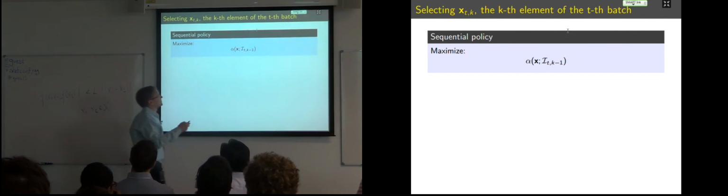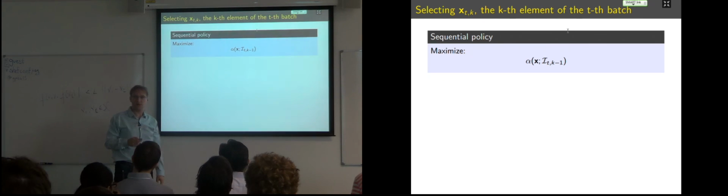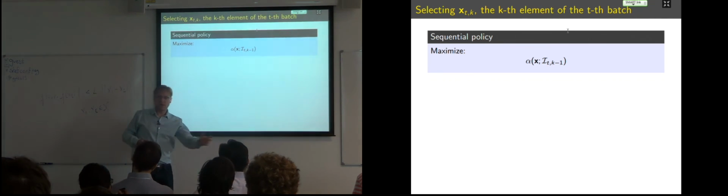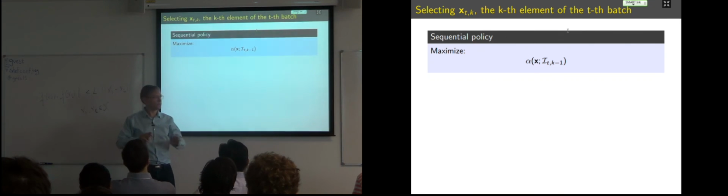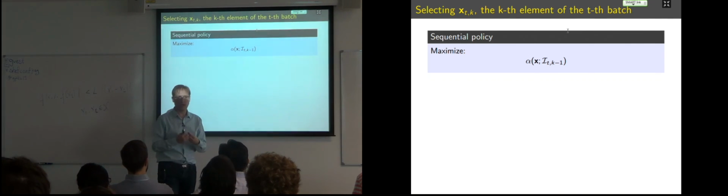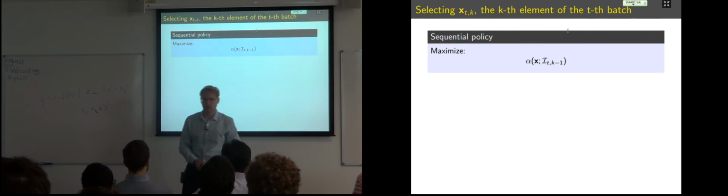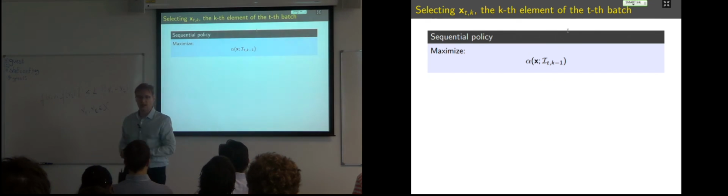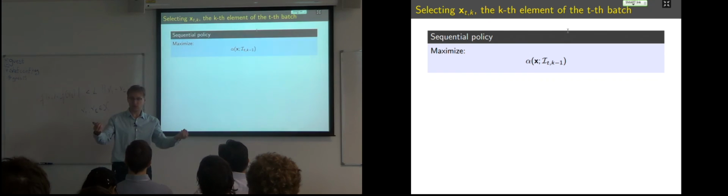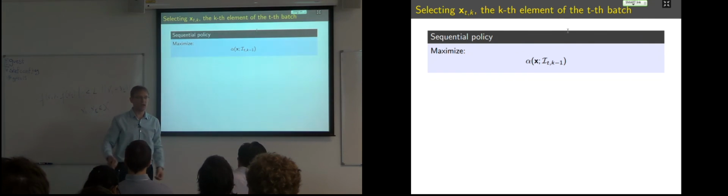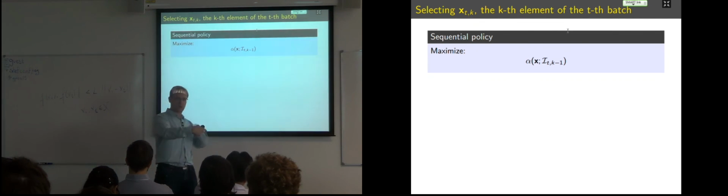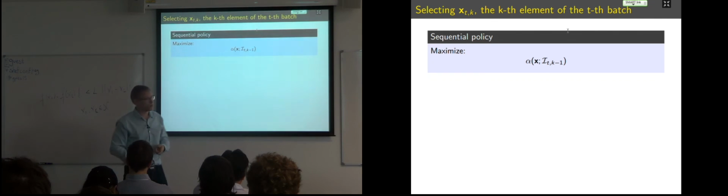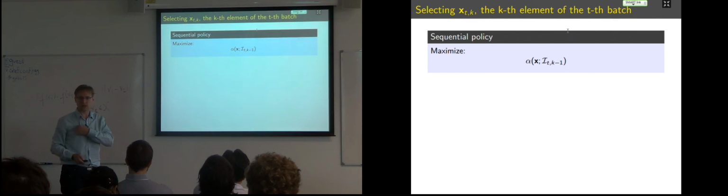This is just a way of saying that if you want to follow a sequential policy, you just maximize the acquisition function. Now when you design a batch, you can think about two different ways of doing it. You can go for a non-greedy approach: if I have expected improvement, I can jointly optimize the expected improvement for a group of points. Or you could do this in a greedy way: you would say, I first select the first element in the batch, then the second one, then the third one, and you do that iteratively, right? So we are following the second approach here.